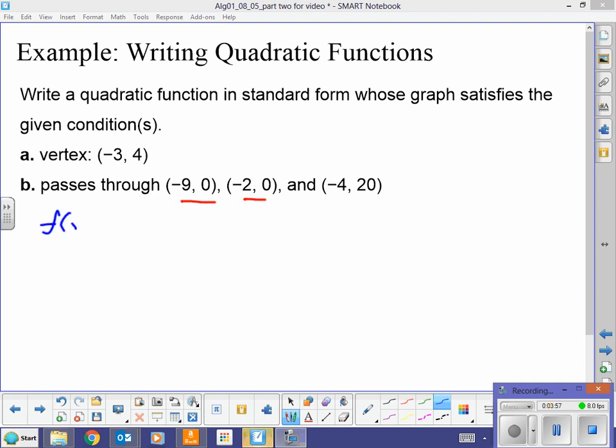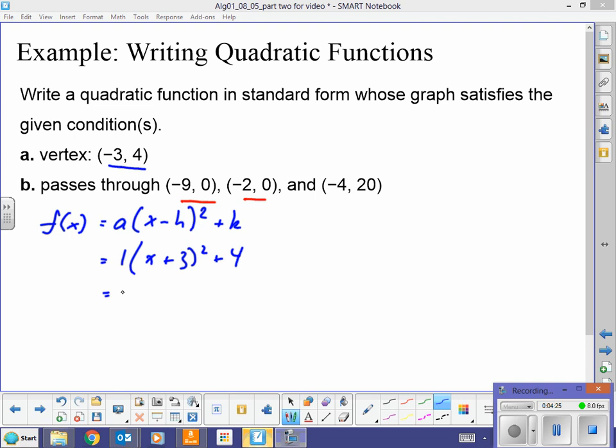So I'm going to say f of x is equal to, I'll put the vertex form down here, a times x minus h quantity squared plus k. So a is 1. Then I'm going to say x, this is my vertex here, x plus 3, because it's minus negative 3, so x plus 3 squared plus 4.